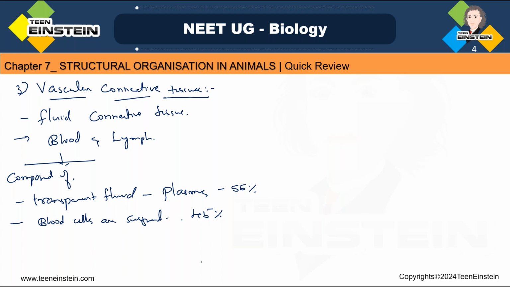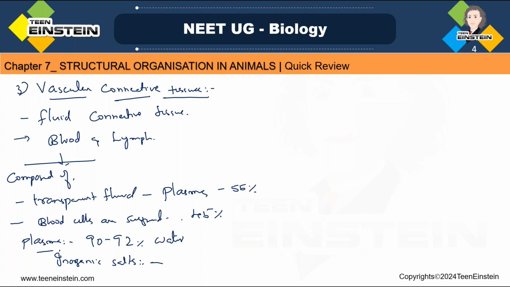So that is blood. And what about plasma? We said blood is composed of 55% plasma and 45% blood cells, right? And about plasma, here we can say plasma contains water, 90 to 92% water will be there, and inorganic salts which are present in plasma, that may be sodium, chlorine, potassium, magnesium, all these are present in blood plasma.